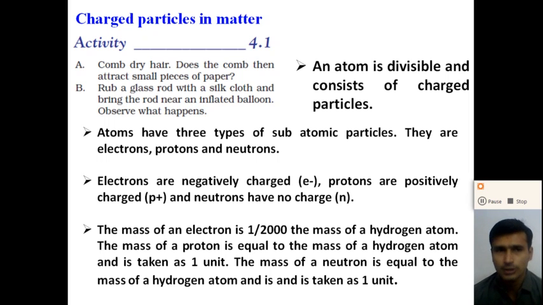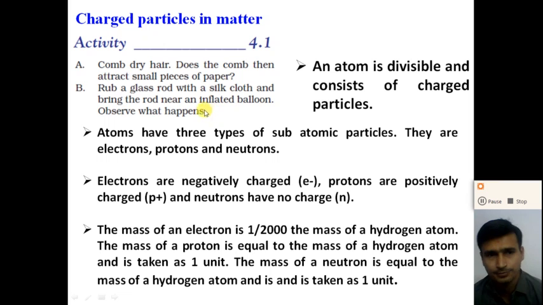Why? Because when we comb dry hair, the charge is transferred from the dry hair to the comb, and due to this charge, electricity is produced in the comb, and due to this electricity, the comb attracts the small piece of paper, right? The second activity: rub a glass rod with a silk cloth and bring the rod near an inflated balloon.